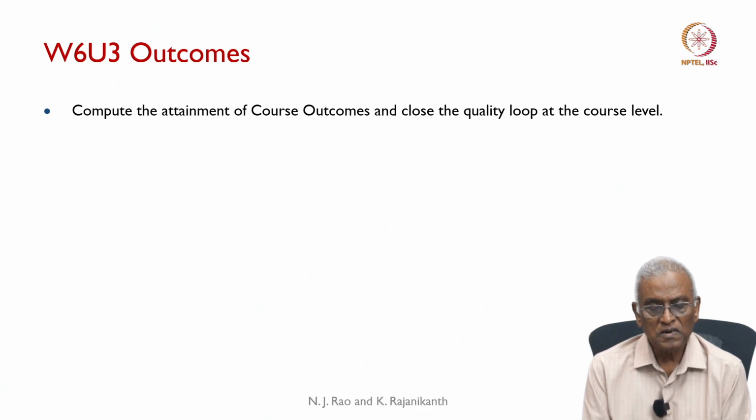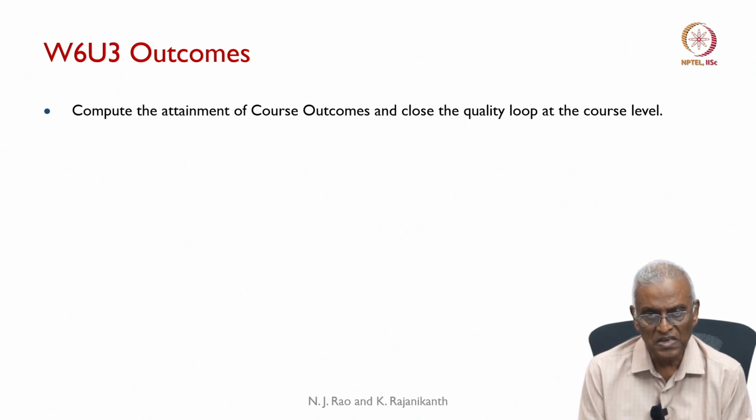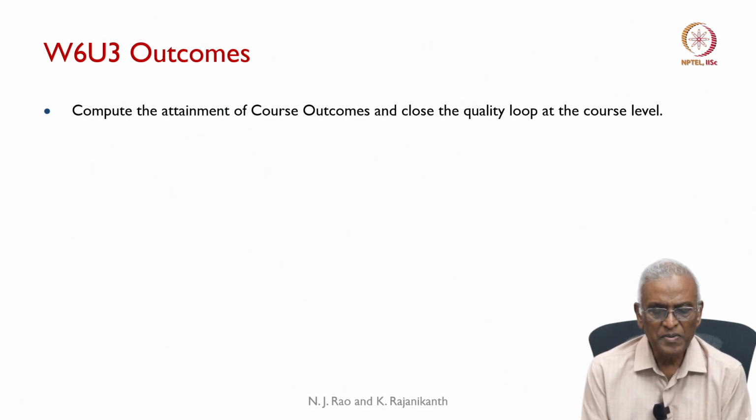And this is where you will have several issues, in the sense that there is no unique way of doing things. But whatever method you choose, it should be justifiable and it must provide some detailed feedback to the instructor.